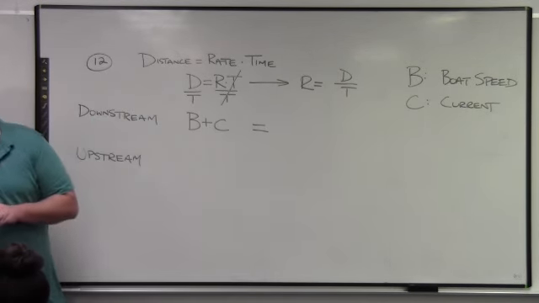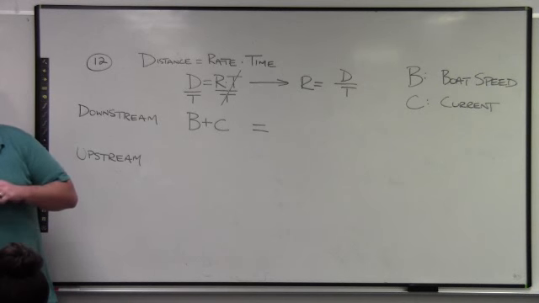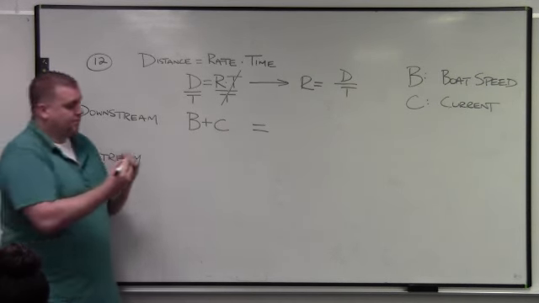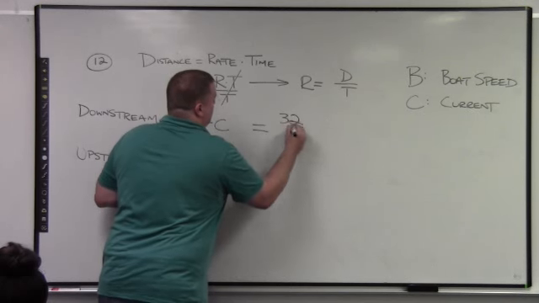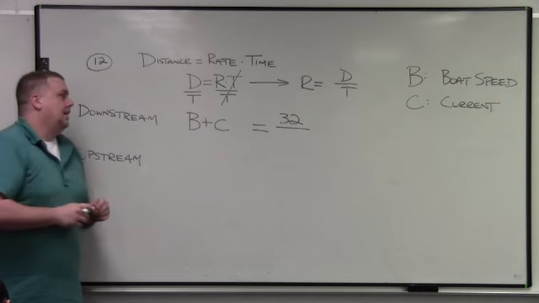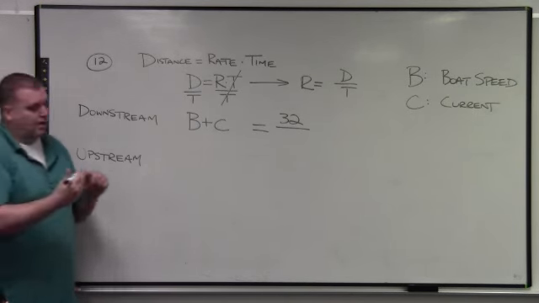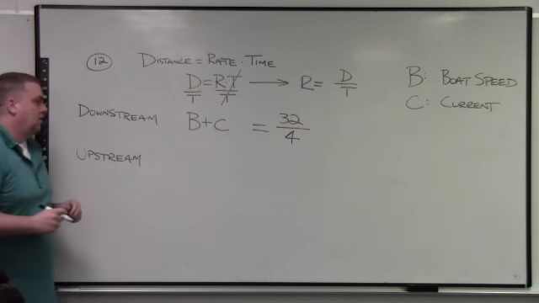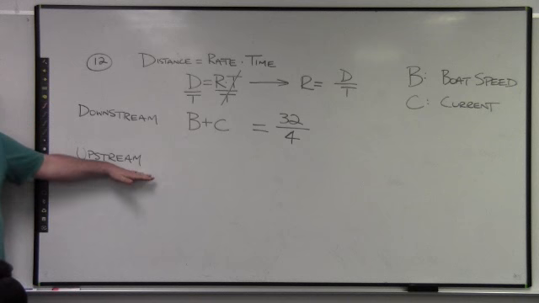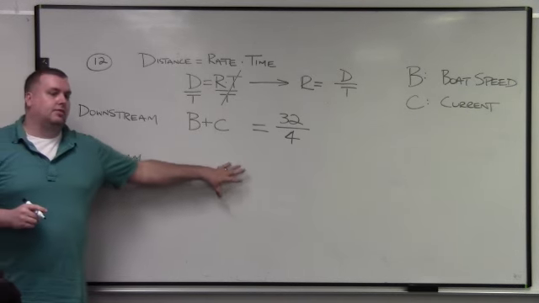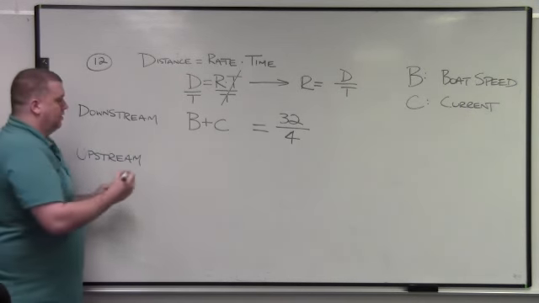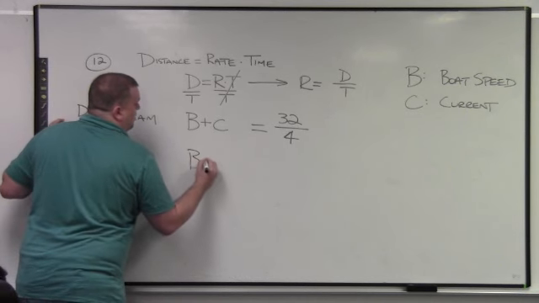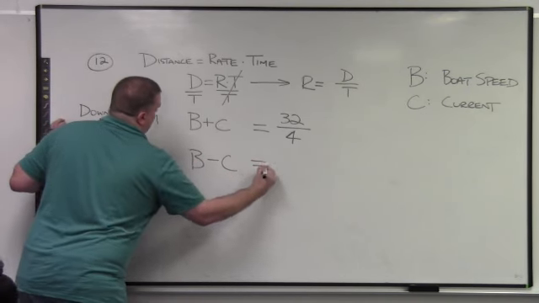So how far is it traveling downstream? 32 miles. How long does it take? 4 hours. If I'm traveling upstream, is my current going against me or with me? Against. So my speed would be the boat minus the current.